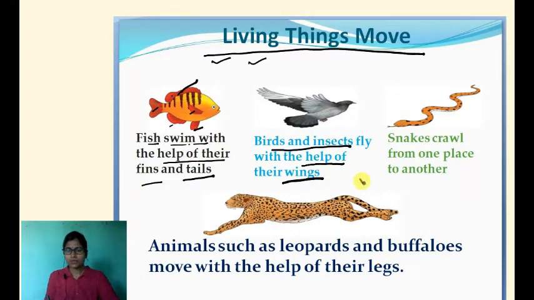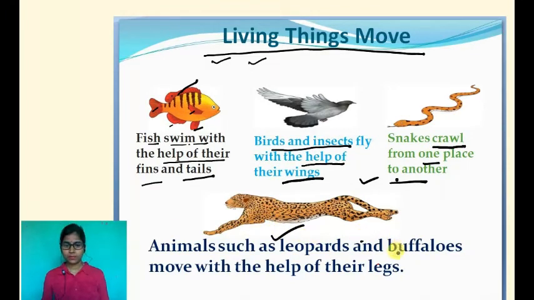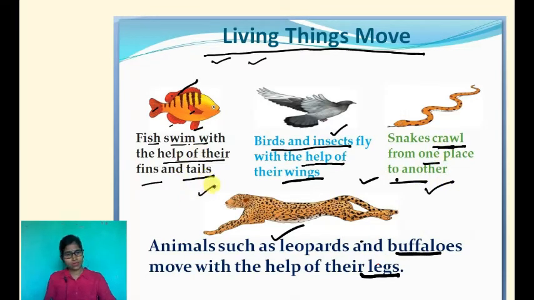As many examples are given in the picture, you can see snakes crawl from one place to another. Animals such as leopards and buffaloes move with the help of their legs. Birds and insects fly with the help of their wings.